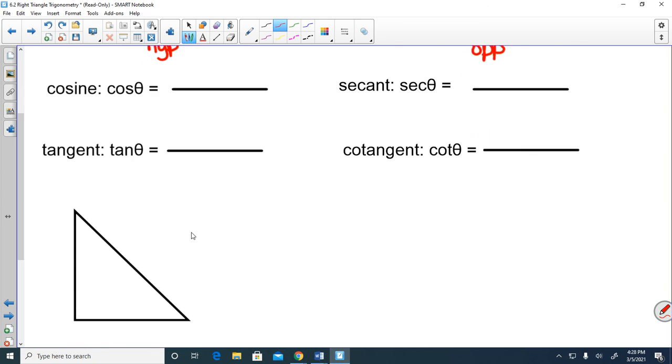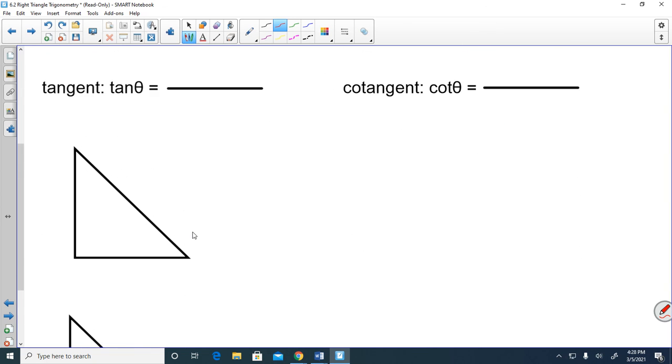So let's say I have this triangle here. Let me just make one up. 3, 4, 5. And I put theta here. The sine of theta, let's label our sides from theta, this is opposite. Hypotenuse is 5, and that makes 3 adjacent.